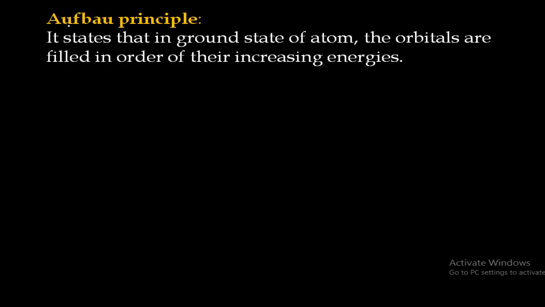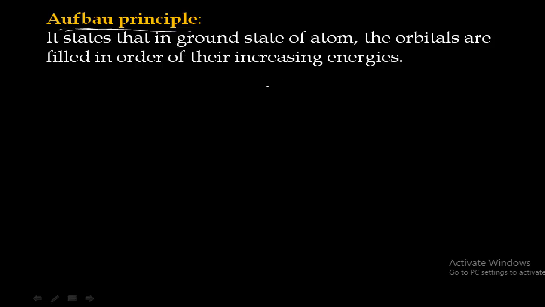The first one is the Aufbau principle. Aufbau means build up. So it explains how the electrons are built up in the atom. According to the Aufbau principle, in the ground state of an atom, the orbitals are filled in order of their increasing energies.